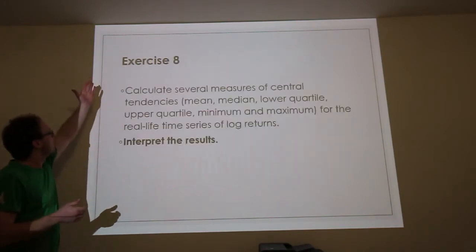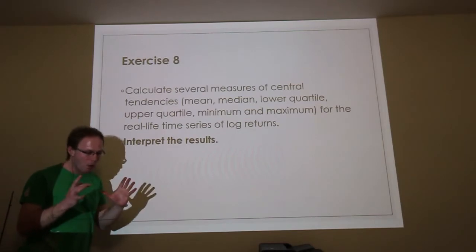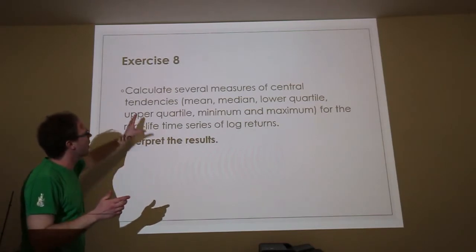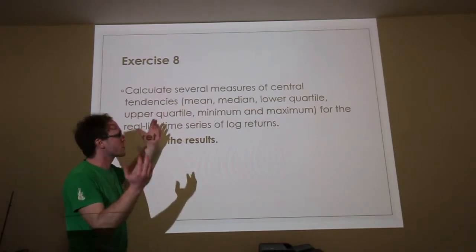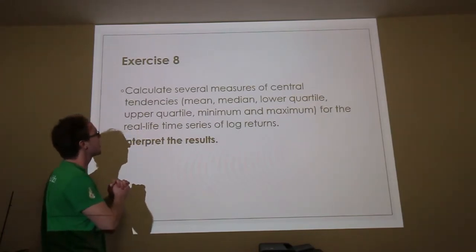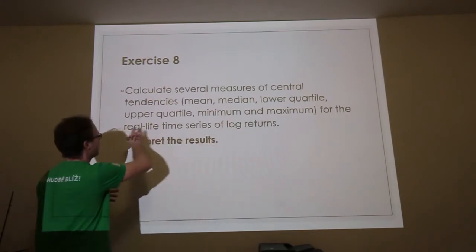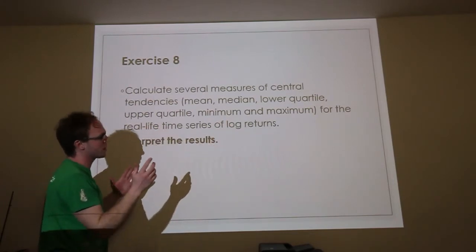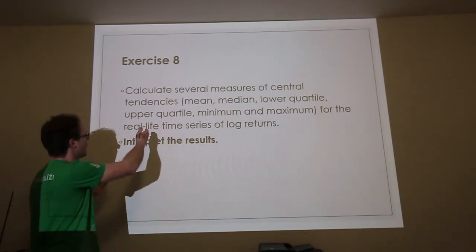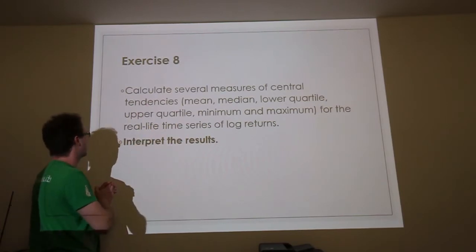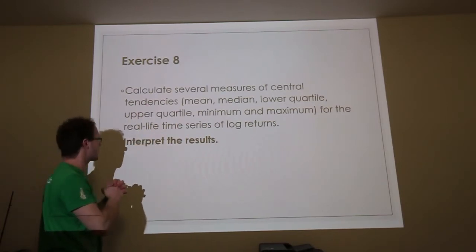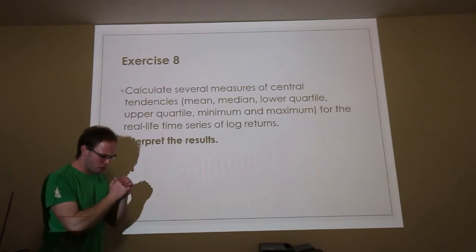So we have here a small exercise. We will calculate several measures of central tendencies. For example, mean, median, lower quartile, upper quartile, minimum and maximum for real life time series of log returns. We will speak about the result.